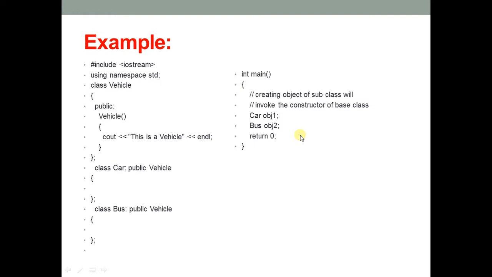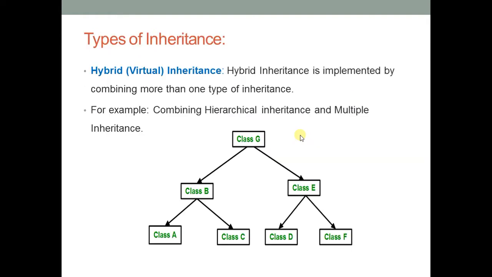ठीक है, our last type of inheritance is hybrid inheritance, which is also known as virtual inheritance. Hybrid means it is a common term for us. Hybrid means what? Mixture of something, right? So this hybrid term we are using in inheritance.